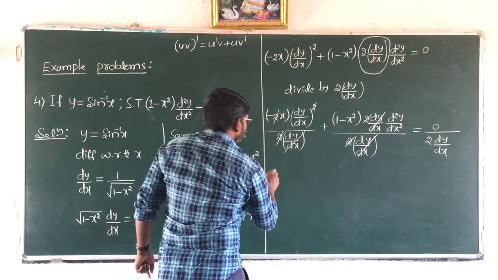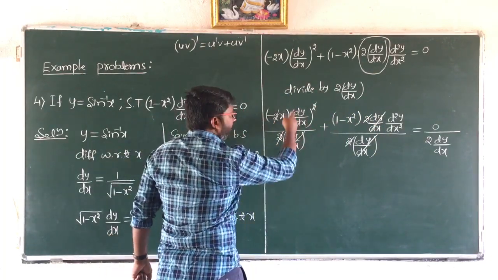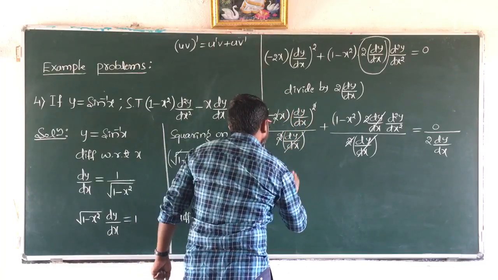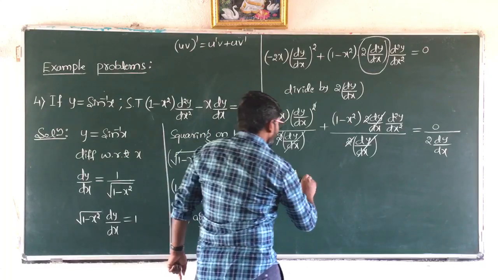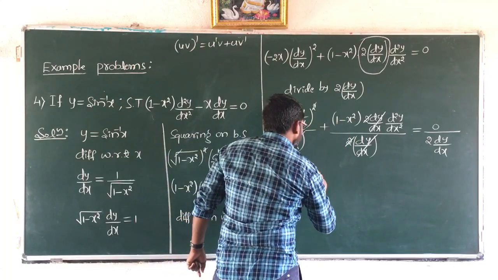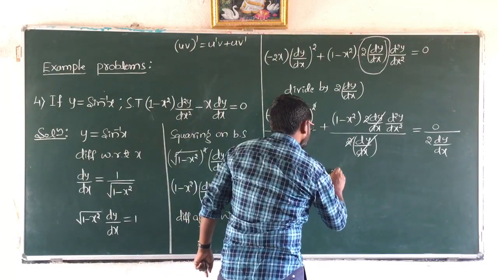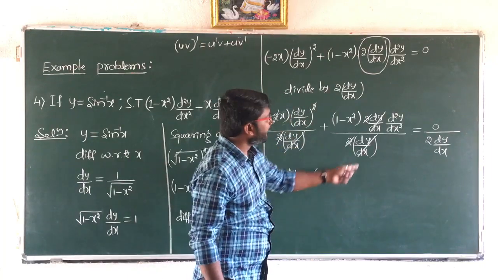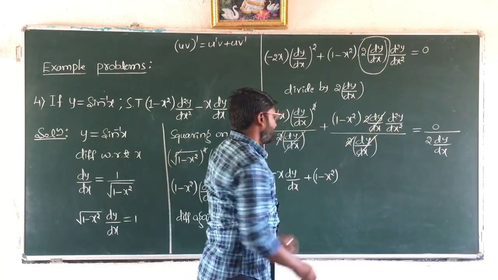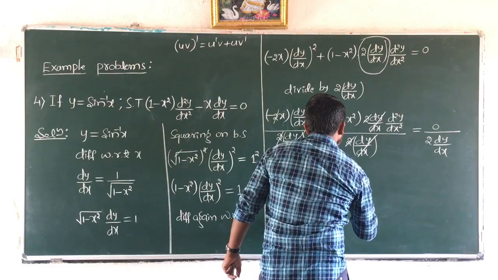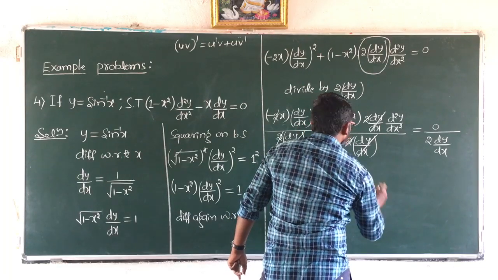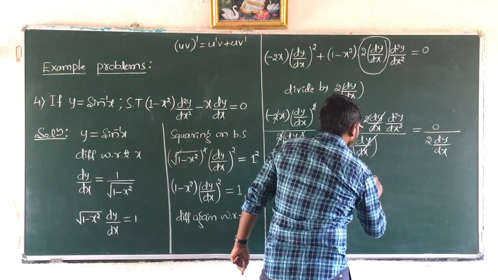So see here, minus x, we have one more dy by dx here, minus x dy by dx, then plus 1 minus x square into d square y by dx square, which is equal to 0.